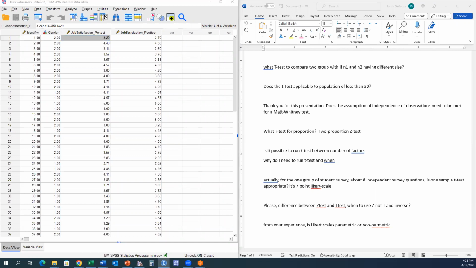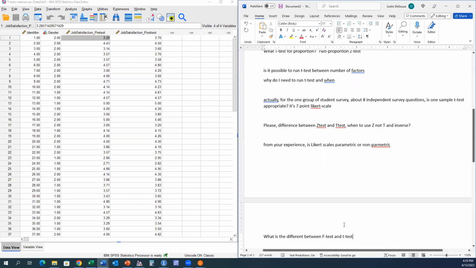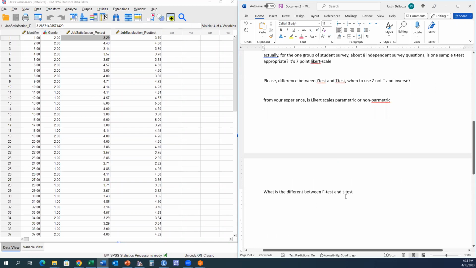All right, question from Cecilia. What is the difference between an f-test and a t-test? F-tests you will see run for ANOVAs and regressions. An f-test is typically used when you have 3 or more groups.